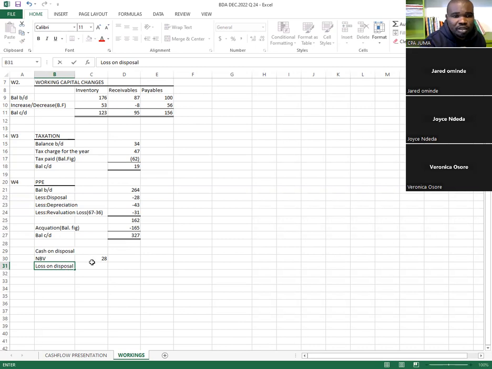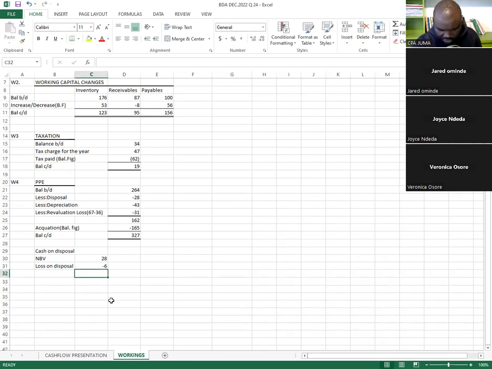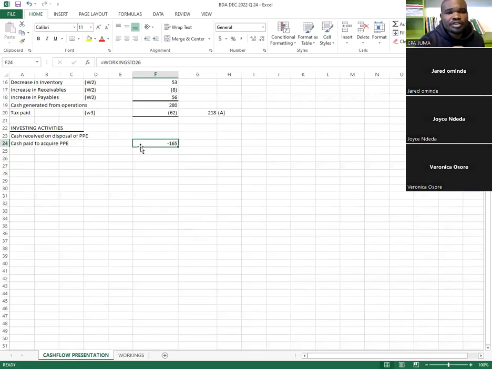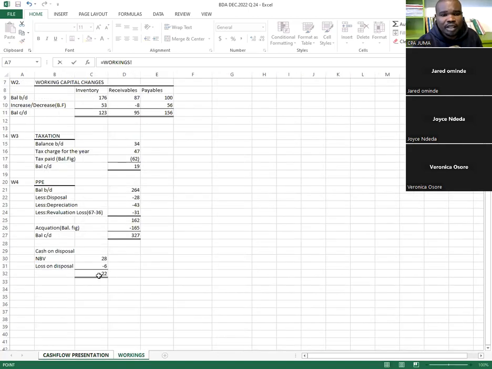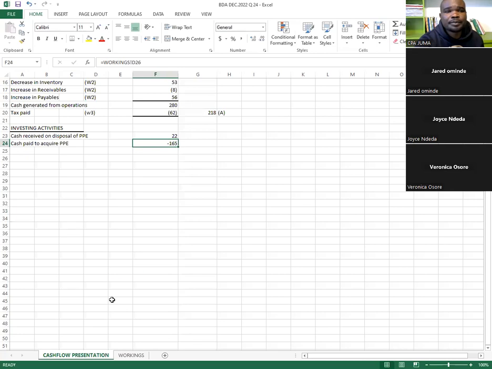They lost 6. So it means these people received 28 minus 6. That one will be a plus because now I've already, so plus 6. So they received 22. So this working is equal to this one here. They received 22, so you enter.